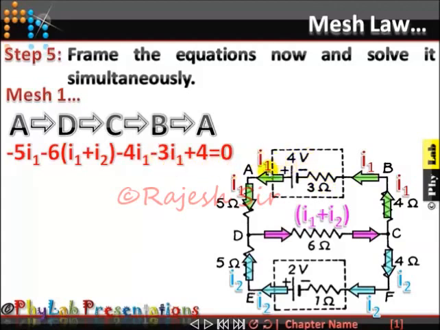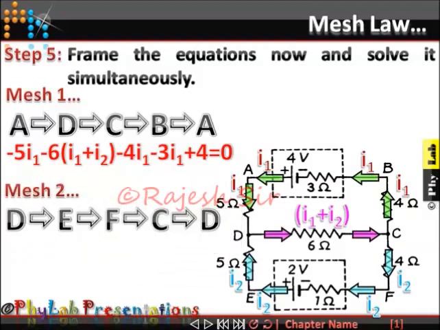And then while moving towards point A, I am going to exit the battery from the positive plate. Since I am exiting the battery from a positive plate, it has to be plus 4. So that frames my equation: minus 5I1 minus 6(I1 plus I2) minus 4I1 minus 3I1 plus 4 equals 0.